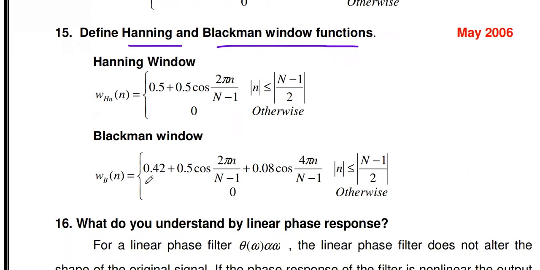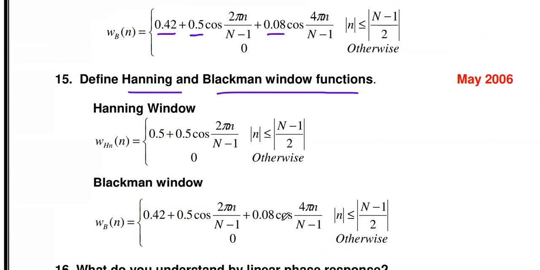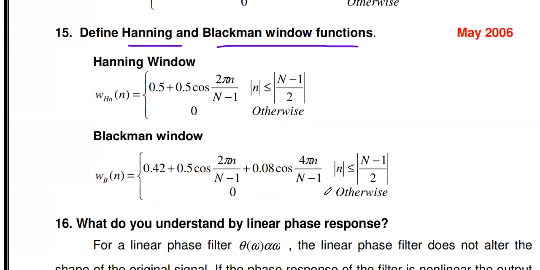Blackman window is 0.42 plus 0.5 cos(2 pi n by N minus 1) plus 0.08 cos(4 pi n by N minus 1) for modulus of n less than or equal to N minus 1 by 2, 0 otherwise. So you study all the windowing functions. That is also a separate 2 mark question.